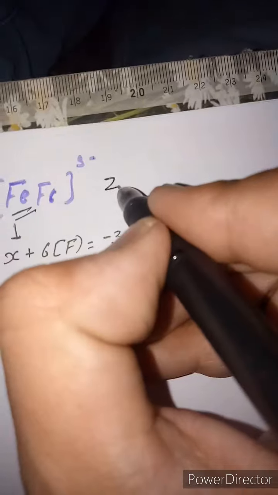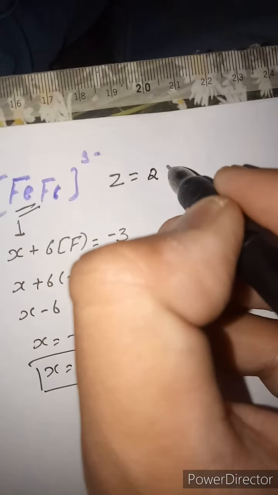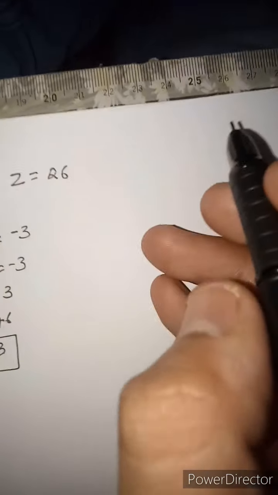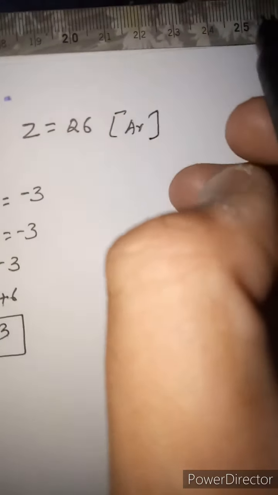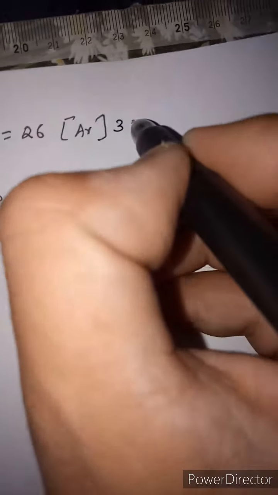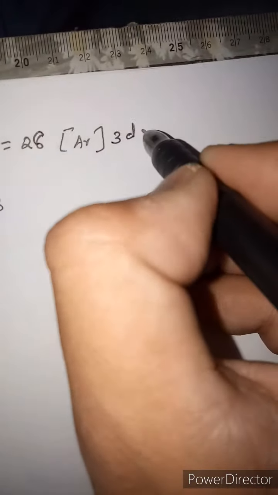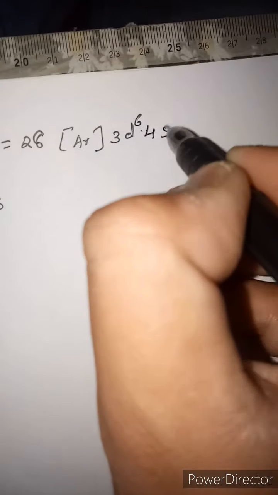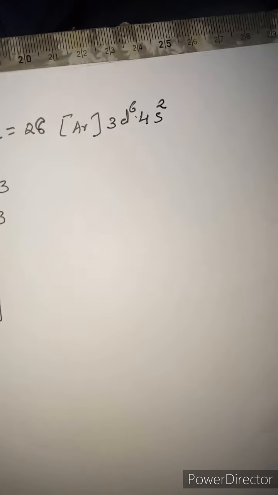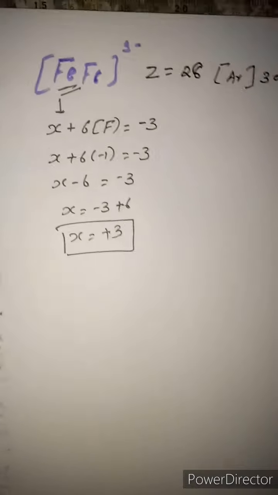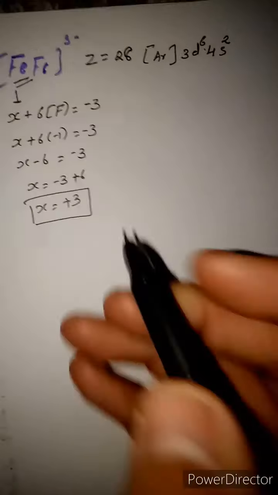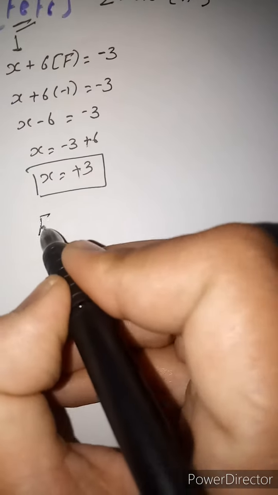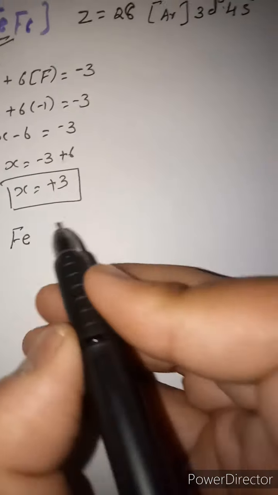So atomic number Z equals 26. That means argon electronic configuration, argon completed, 3d6, 4s2. Clear? Now let us solve the coordination compound. First of all we should know about the Fe. So Fe is argon completed.